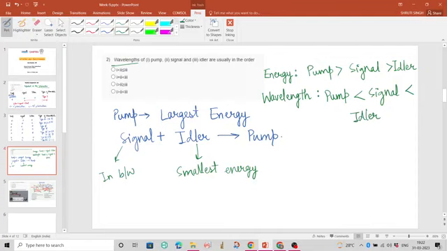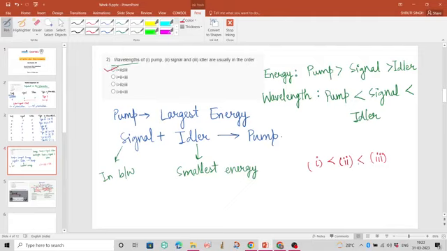That's what is asked in the question. We have pump as 1, signal as 2, and the idler as 3. So 1 less than 2 less than 3. So this one is the correct answer.